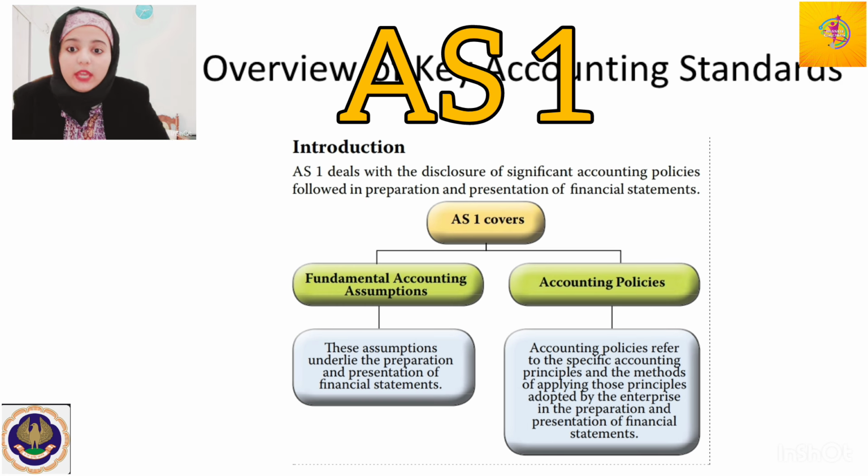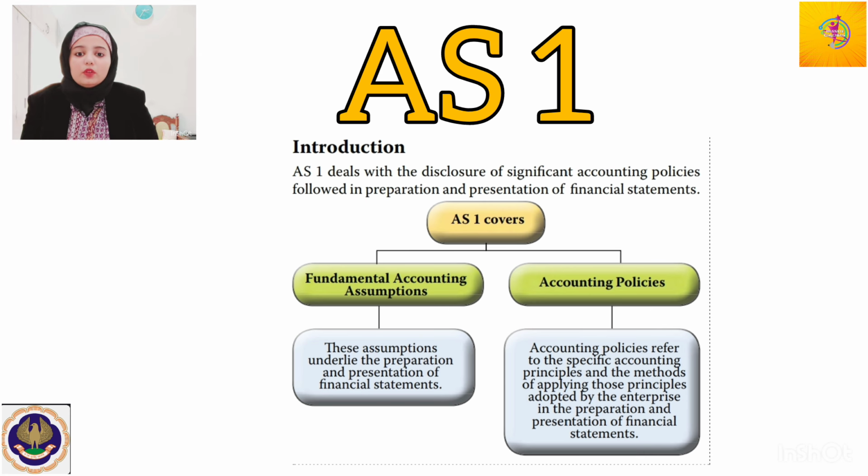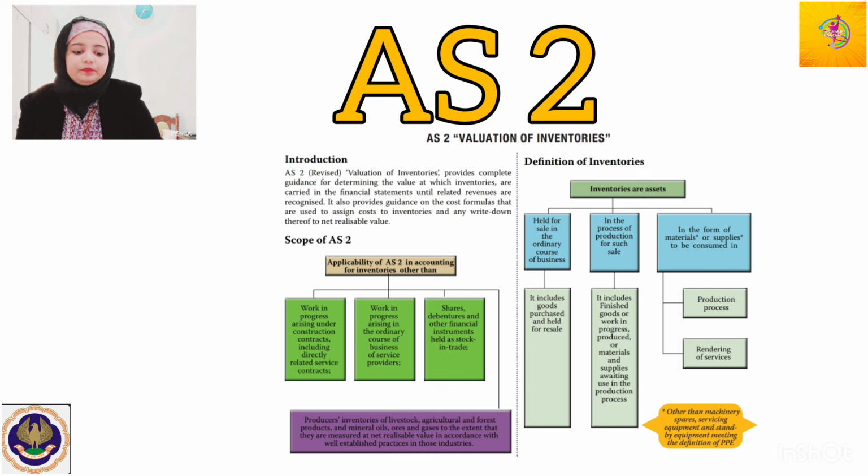Now move to AS1. Disclosure of accounting policies. This standard requires companies to disclose their accounting policies in the financial statements, explaining the methods used for various transactions, like fundamental accounting assumptions and accounting policies. AS2. Valuation of inventories.